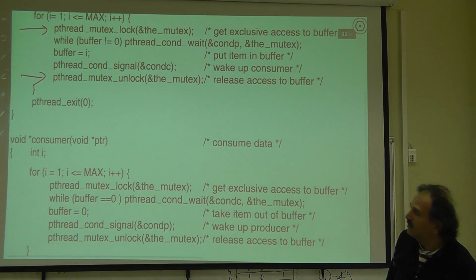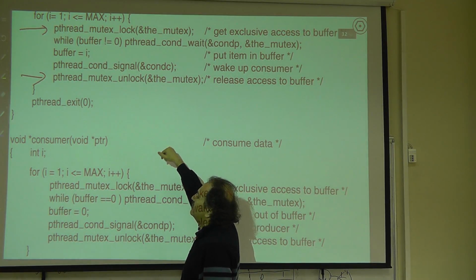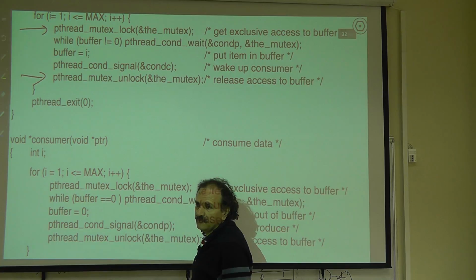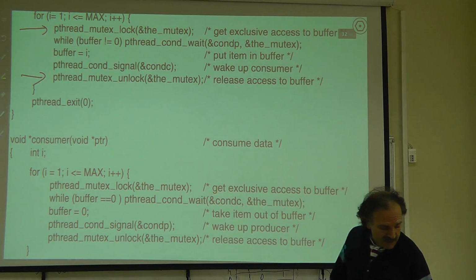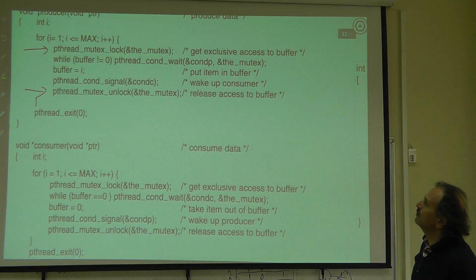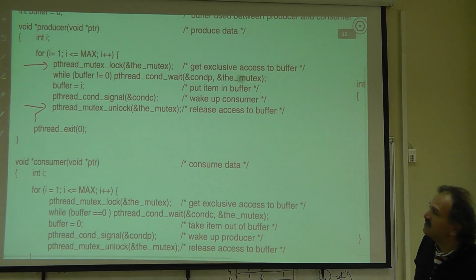When the consumer starts running and the other thread is sleeping, then it will not get this lock and both will sleep forever. So the operating system knows that if somebody is waiting for this condition variable with this mutex, then it needs to release that mutex so that other people can use it.